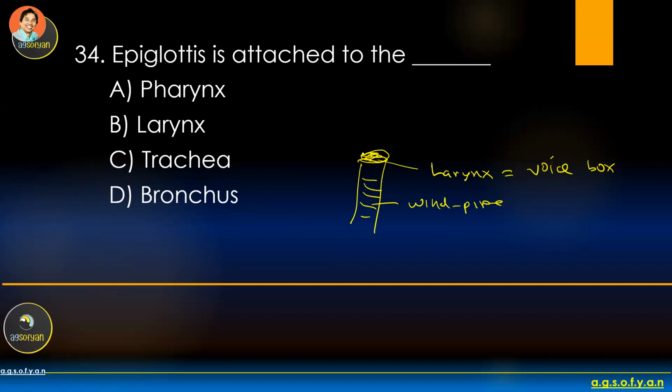Above the larynx there is a flap-like structure that will close the larynx when we swallow the food, and this structure is called epiglottis. So this epiglottis is located on the larynx.